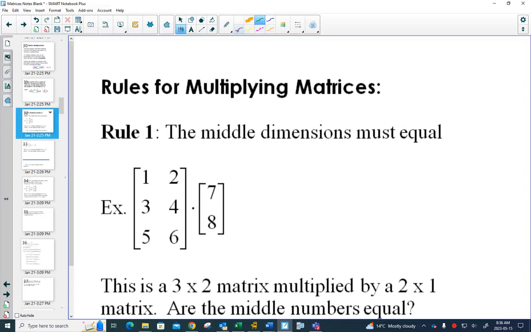And we remember that matrices are rows first, columns second. So here we have 3 rows by 2 columns. Here we have 2 rows by 1 column, and our middle numbers are equal. So we will be able to multiply these.